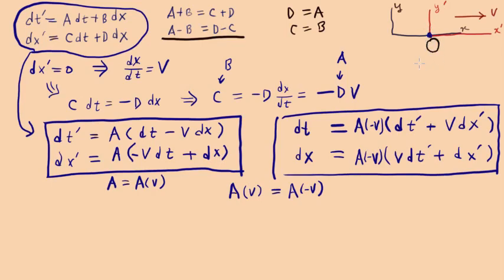You have a clock fixed at the origin of this primed coordinate, and then this clock is moving at the speed of v because it's fixed at the origin of the red coordinate system. So in that case, for the clock ticking event, dx prime will be 0.